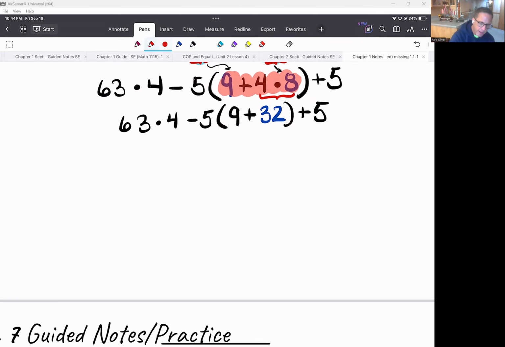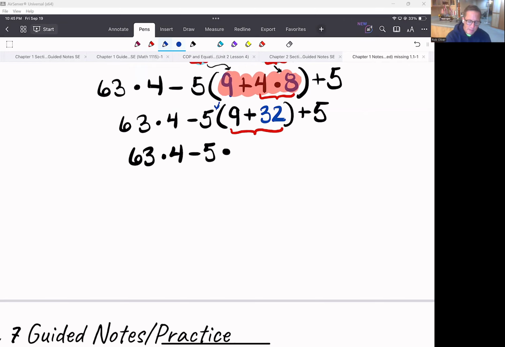Now let's take care of these parentheses once and for all. We've got 9 plus 32, so that is 41. So 63 times 4 minus 5 times, I know there's a 5 here up against parentheses, which is inferring multiplication.